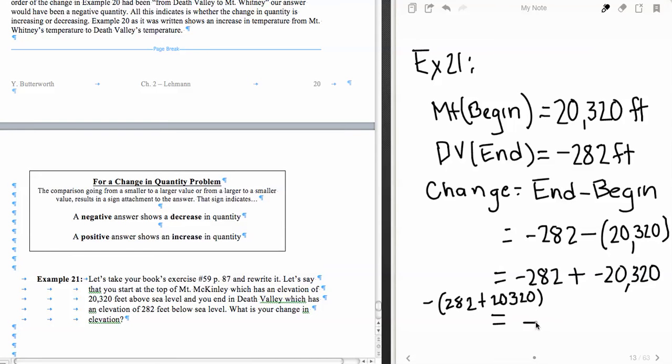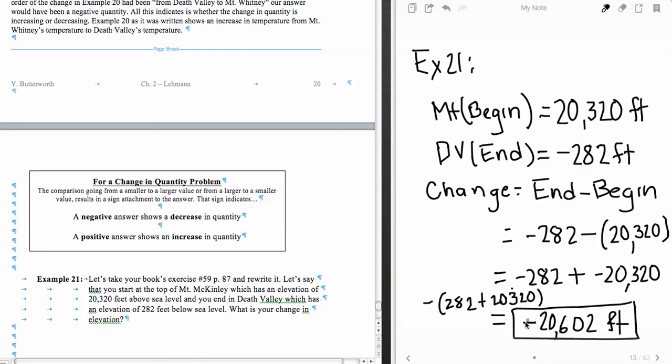So that's going to give us a negative, and let's see, 2 and 0 is 2, 2 and 8 is 10, 3 and 1 is 4, and 2 is 6, and 0 and 2, 0 is 0, and 2 and 0 is 2. So that's a negative 20,602 feet. What you're going to notice is the answer in your book is a positive 20,602 feet.